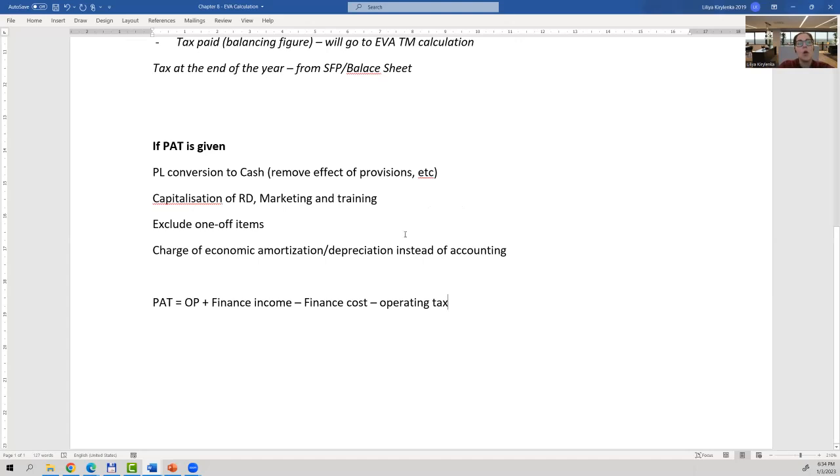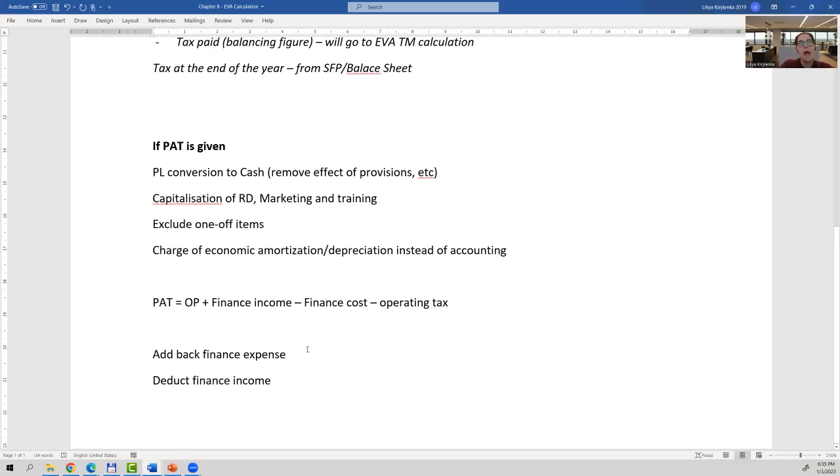Okay, so what do we need to do? So to get to operating profit, we will need to add back finance expense. Finance expense can be called finance cost charged. Then we will need to deduct finance income.